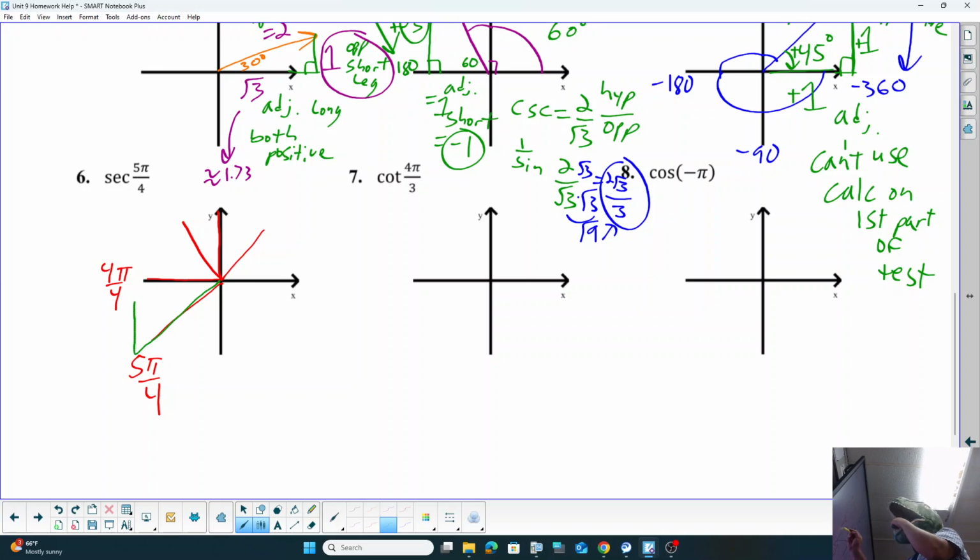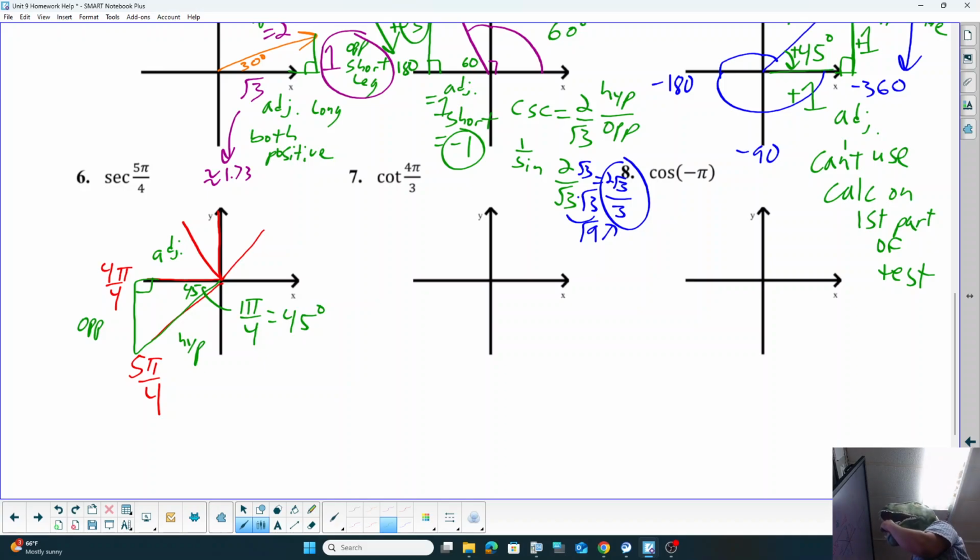Draw a reference triangle. That's just going to be 1 pi over 4 there, which is equivalent to 45 degrees. So this is going to be a 45, 45, 90 right triangle. This is the opposite side, this is the adjacent side, this is the hypotenuse.